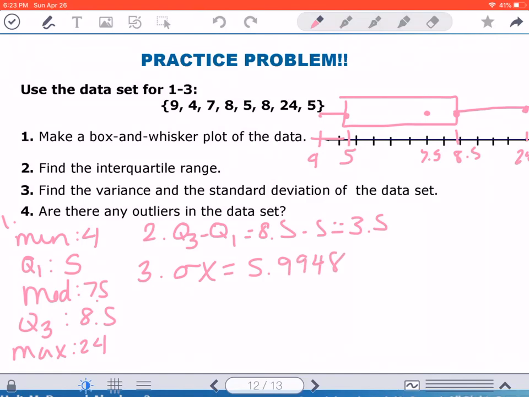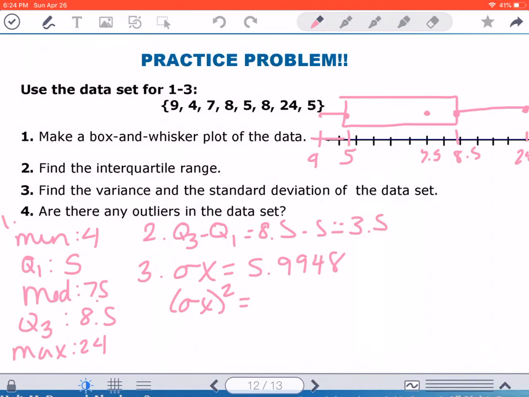If I'm looking to find the variance, that's actually going to be sigma x squared. Now if you put into your calculator 5.9948 and you square it, you're going to be off a little bit with your data. The reason why is because, remember, we rounded, and we don't want to use a rounded number to figure out our variance. So here's what you're going to do.